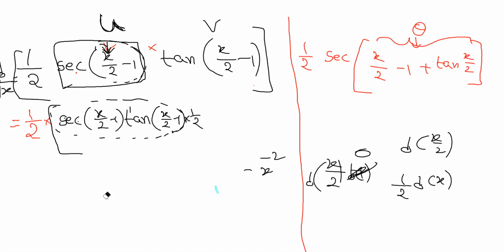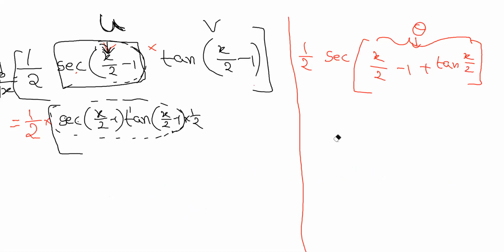Now that v as it is, it will be there. Now the v the same. I will write v in red color. Tan of x by 2 minus 1. This is u dash v, correct? Plus u as it is, secant of x by 2 minus 1.